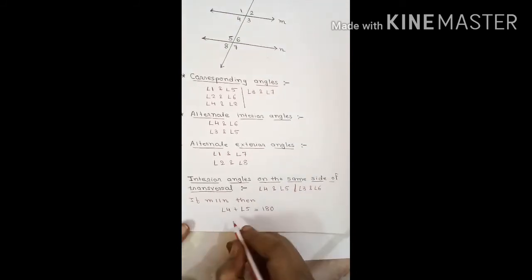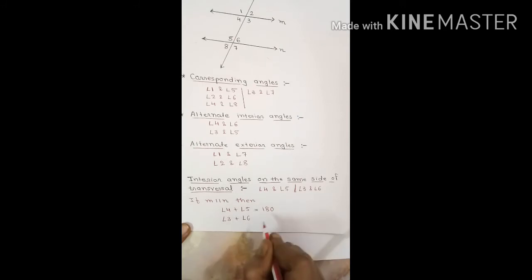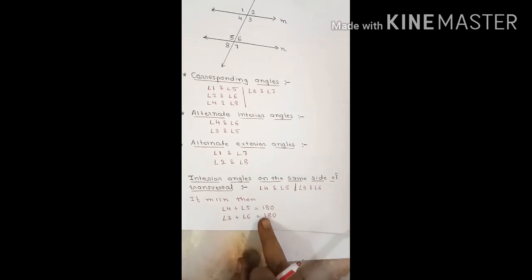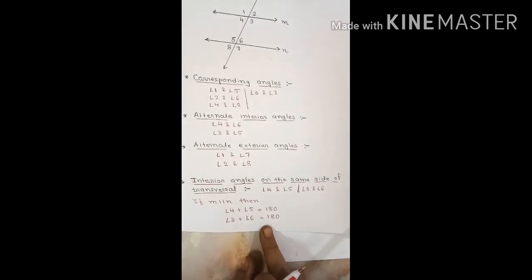Angles are supplementary. Similarly, angle 3 plus angle 6 is equal to 180. Once again, if lines are parallel, then interior angles on the same side of the transversal are supplementary. So angle 4 plus angle 5 will be 180 and angle 3 plus angle 6 will be 180. This is very important. Please see this video minimum twice.